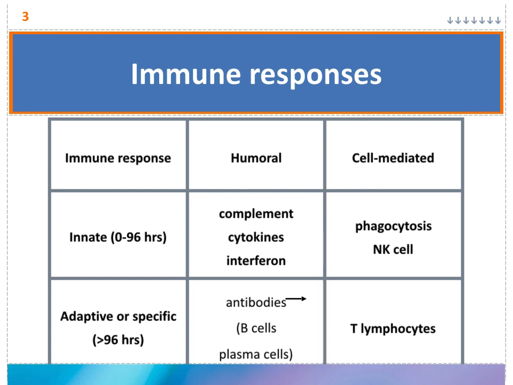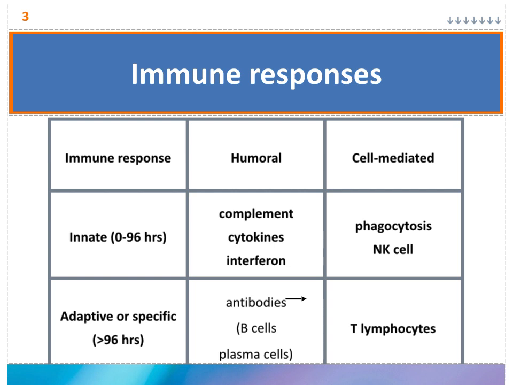Another way of classifying immune responses would be whether they are innate, which are very early responses, the moment you encounter a pathogen, for example, and set in immediately till about 96 hours following initiation of events.